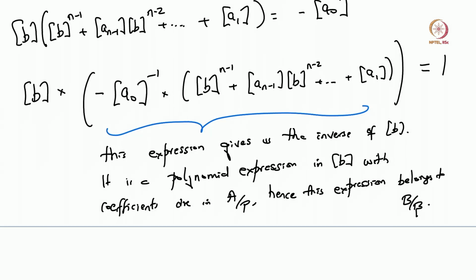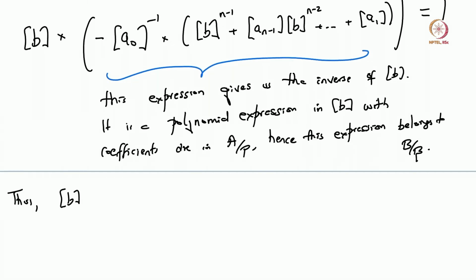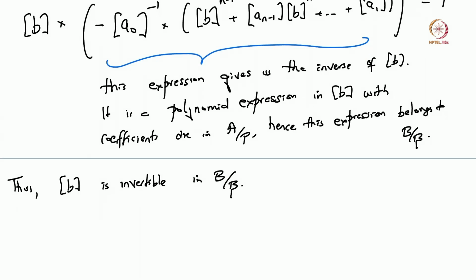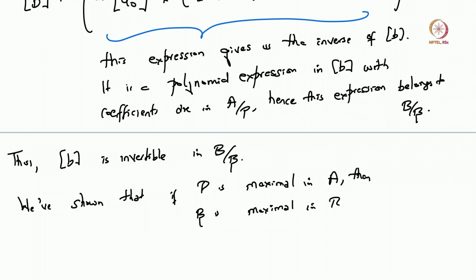Okay, so we produce an explicit inverse for bracket b, and so thus bracket b, which is a non-zero element of B over beta, is invertible in B over beta, and so we've shown that if P is maximal in A, then beta is maximal in B.